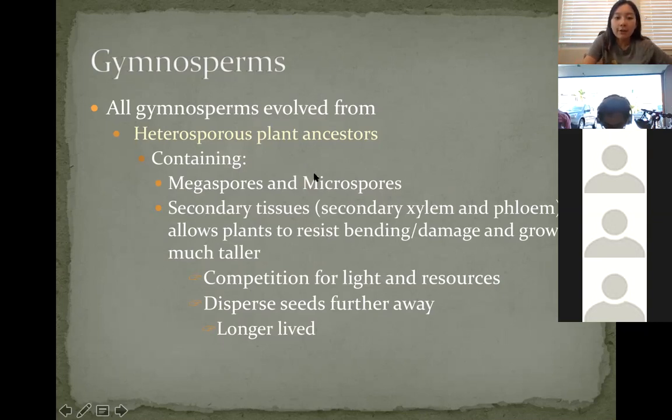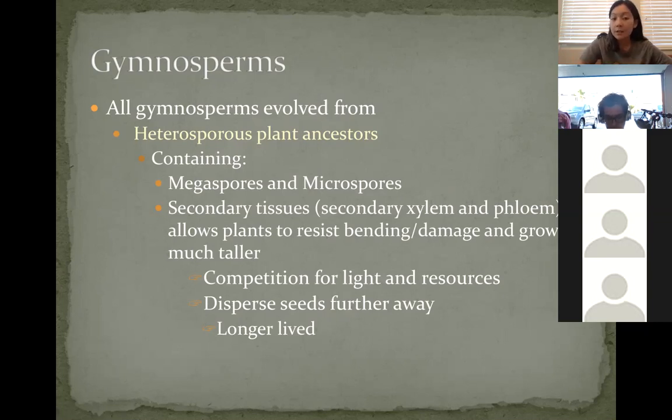They also evolved from plant ancestors that had secondary tissues, most likely, so that's secondary xylem and phloem. Secondary xylem and phloem is super important because it allowed the plants to resist bending and damage and grow a lot taller. As you guys saw in the image back earlier in the presentation, most of the plants were pretty small, like the seedless vascular plants, non-vascular.